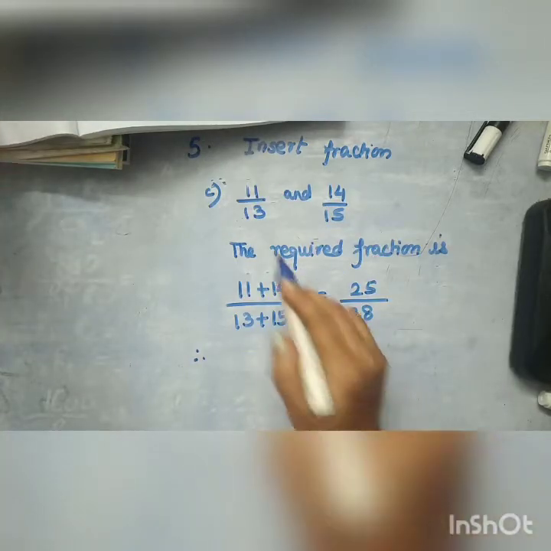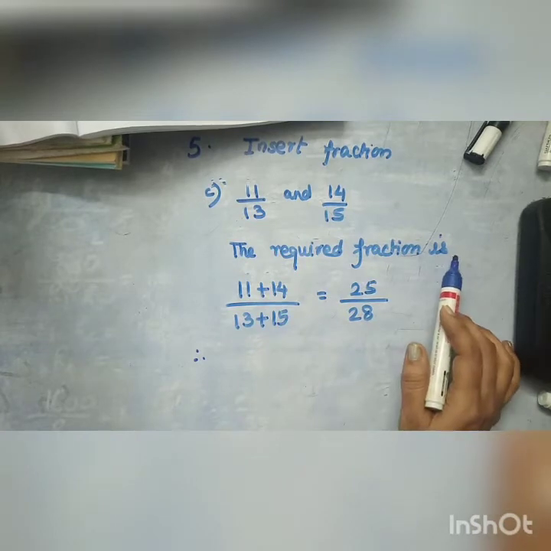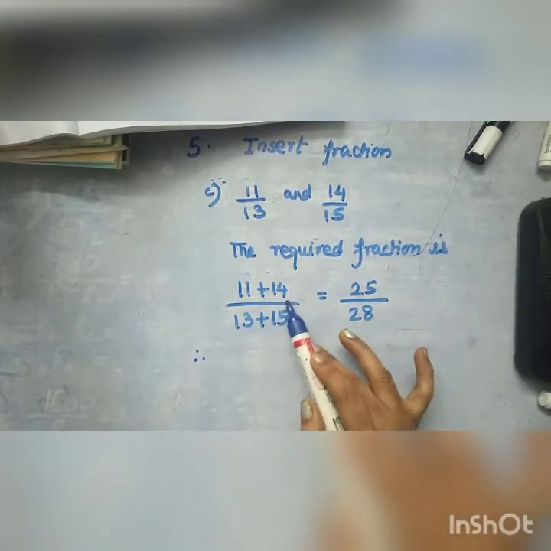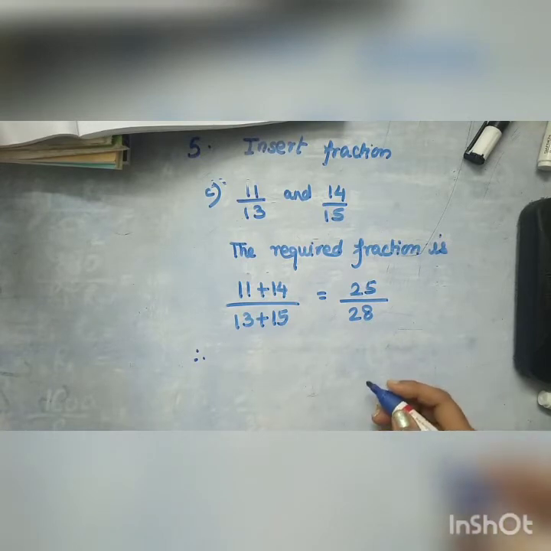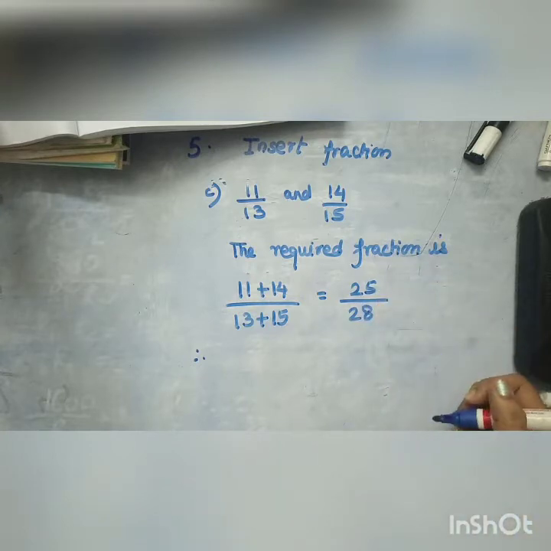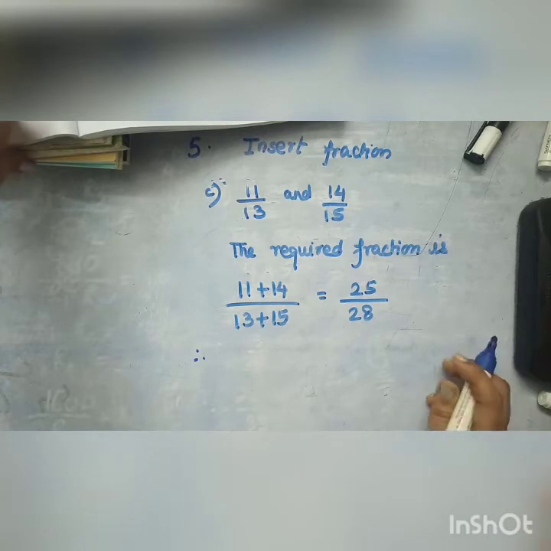So the third one, again I have done the same thing. The numerator has to be added up and the denominator has to be added up, and you get the answer as 25 upon 28. Here you cannot find a common factor, so you cannot go for the lowest term.